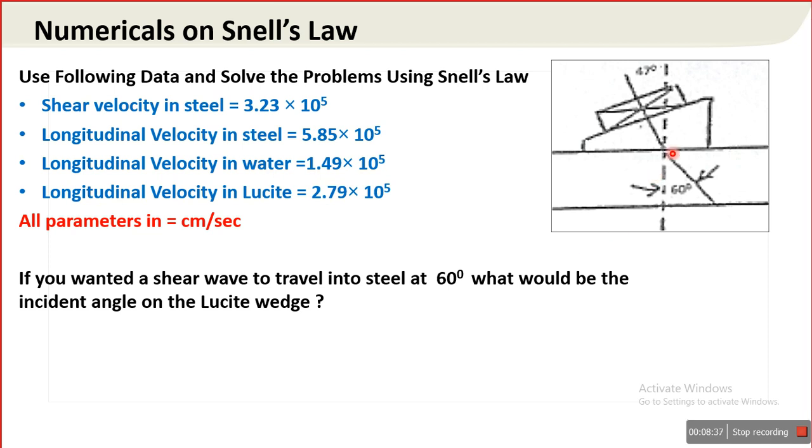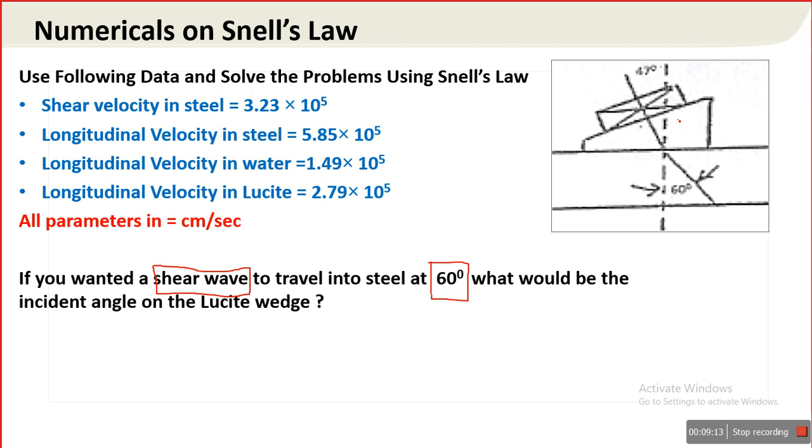See this diagram, this is lucite and the bottom one is steel. The question is, if you wanted a shear wave, consider here the question is to generate the shear wave. So if you wanted a shear wave to travel into steel at a 60 degree angle, what would be the incident angle on the lucite wedge?